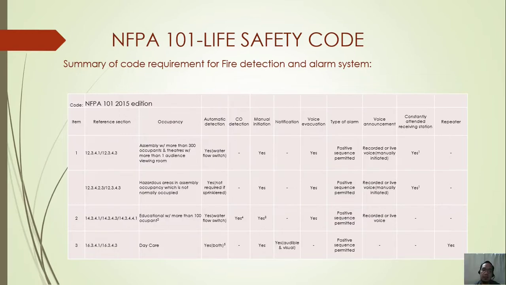It means in every assembly occupancy with more than 300 occupants, we have to have a fire command center or a room where this trained personnel is there 24 hours. So it's like a manned location, no? So in case of alarm, these will be triggered manually by the operator and not automatically.